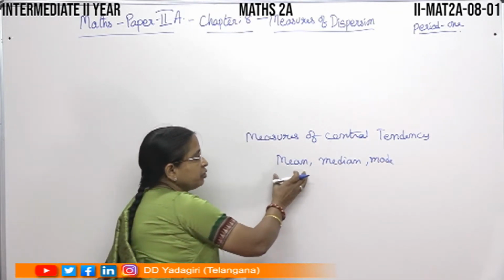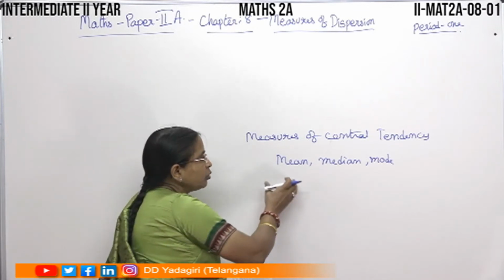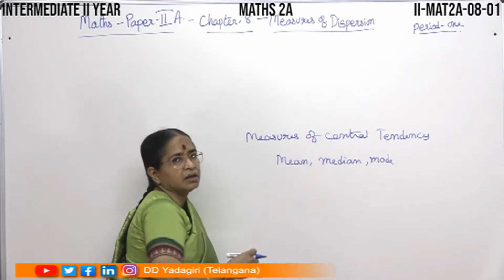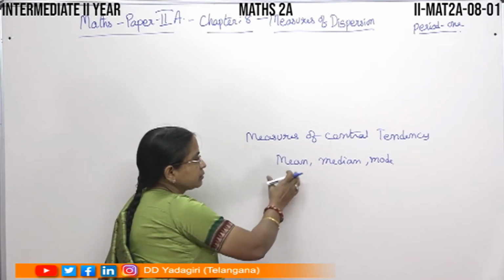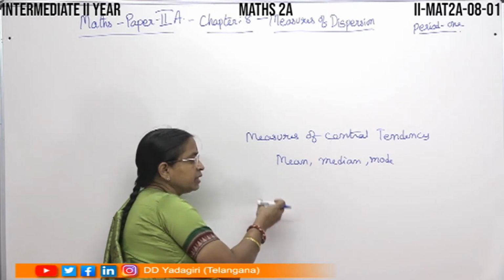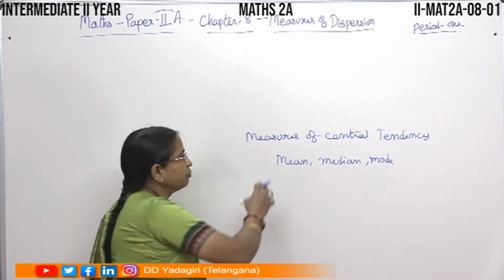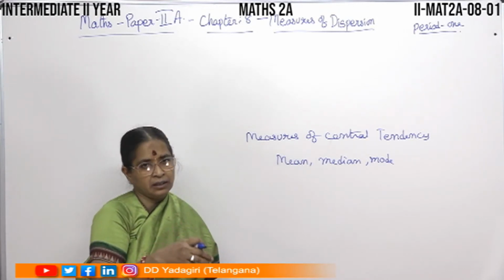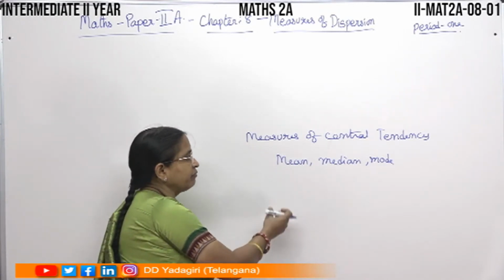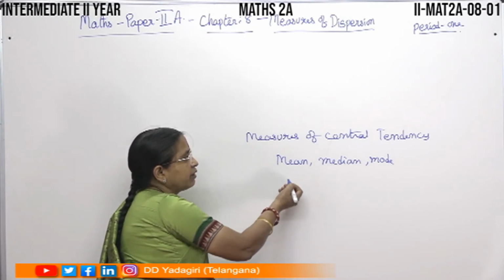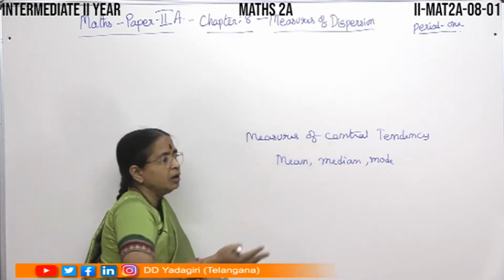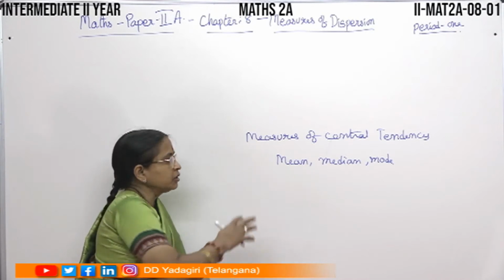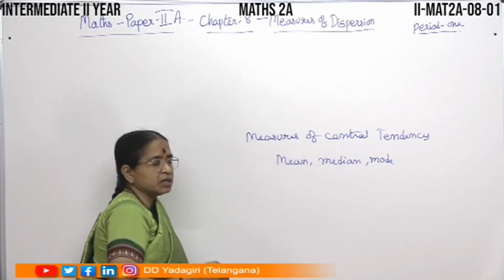So these give you the middlemost value of the given data points. So what is the centered value, measures of central tendency, how the data are centered about one value. So one single value represents the whole data points. So that is the measures of central tendency.